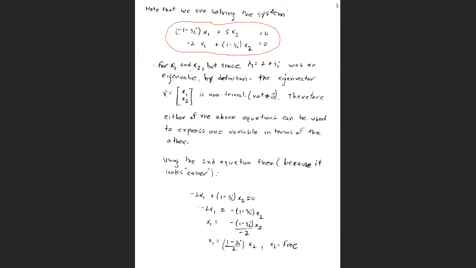But since lambda 1 equals 2 plus 3i was an eigenvalue, then by definition, the eigenvector x, which consists of x1 and x2, is non-trivial, meaning that the eigenvector x is not going to equal 0.